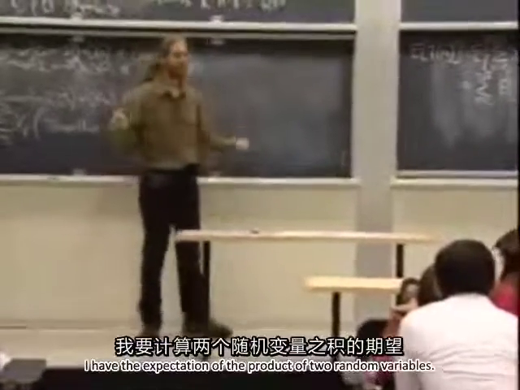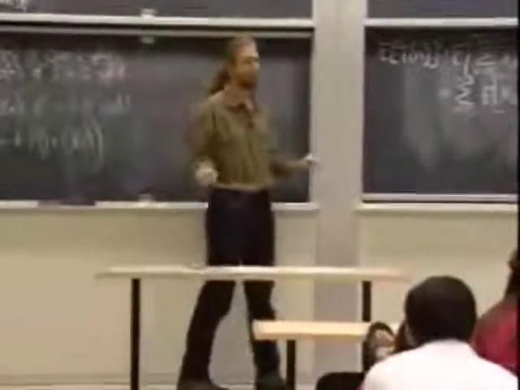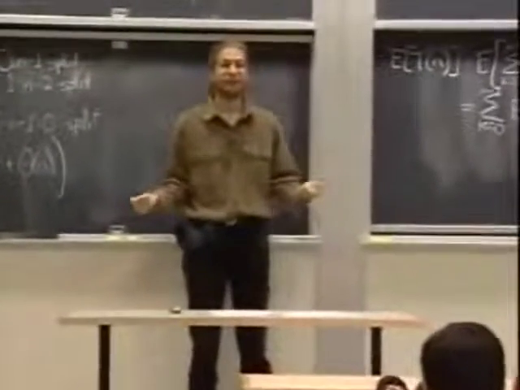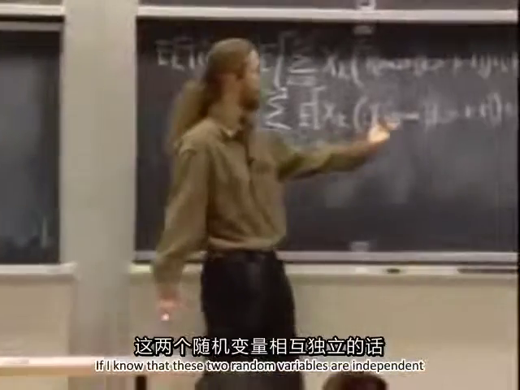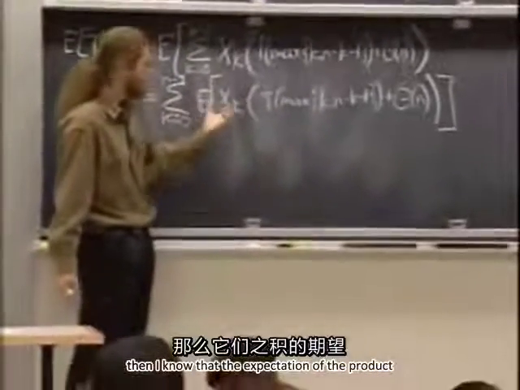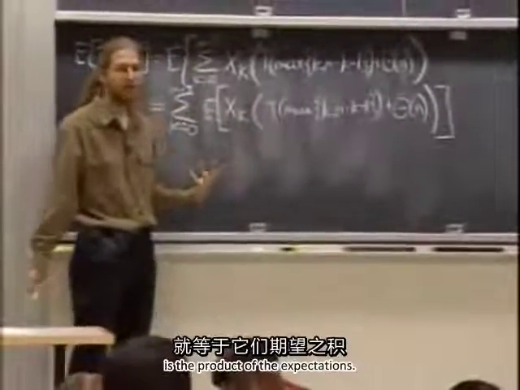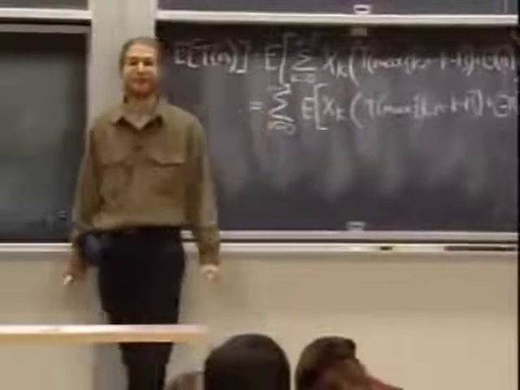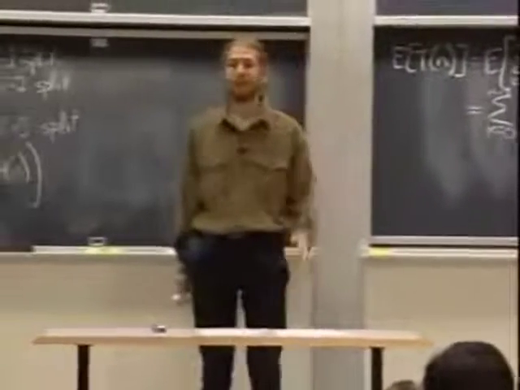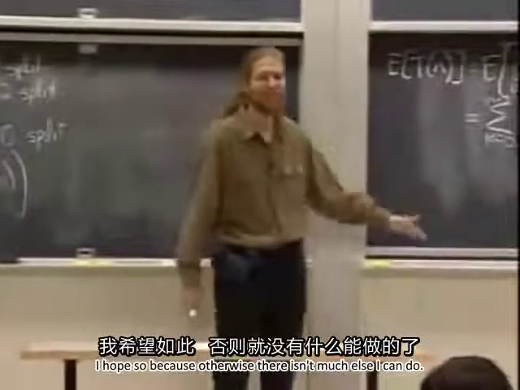The expectation of the product of two random variables. Independence, exactly. If I know that these two random variables are independent, then I know that the expectation of the product is the product of the expectations. Now, we have to check, are they independent? I hope so, because otherwise there isn't much else I can do.